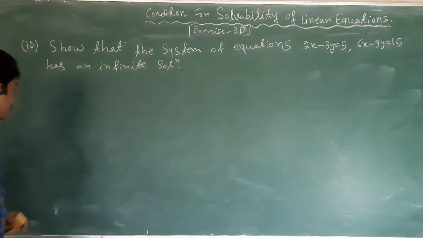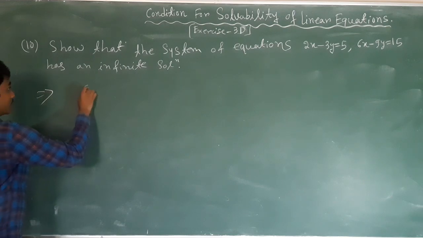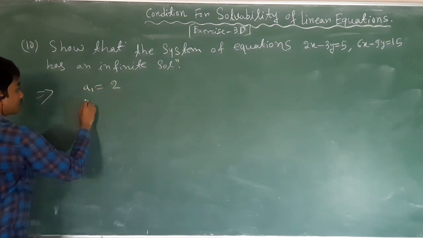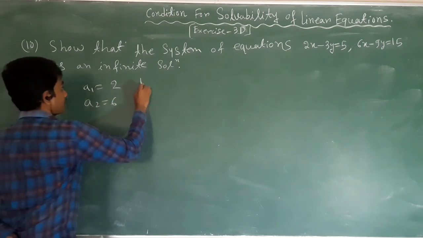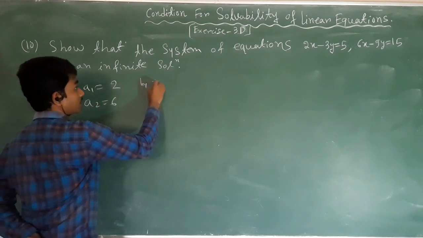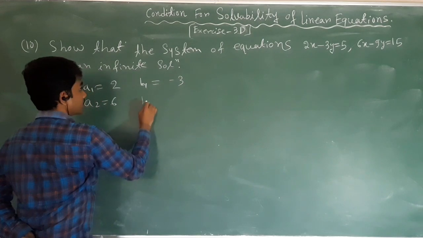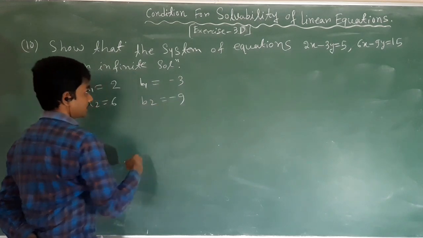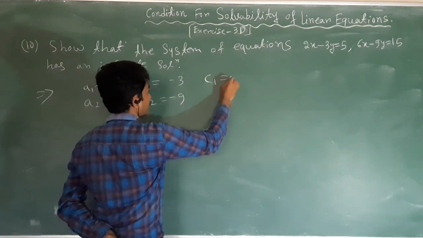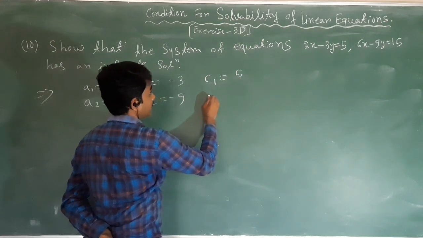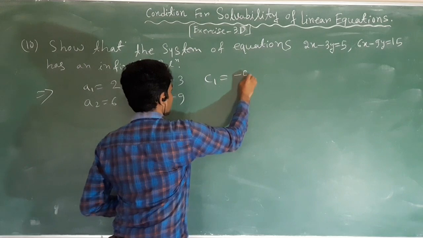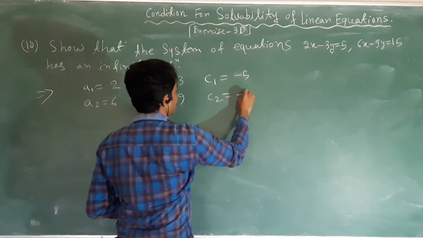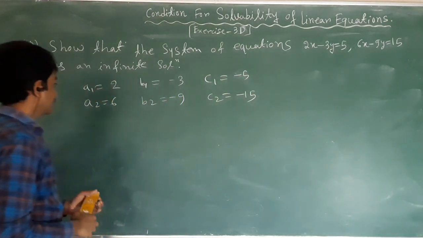So from the given equations, A1 is equal to 2, A2 is equal to 6, B1 is equal to minus 3, B2 is equal to minus 9, and C1 is equal to minus 5, C2 is equal to minus 15.